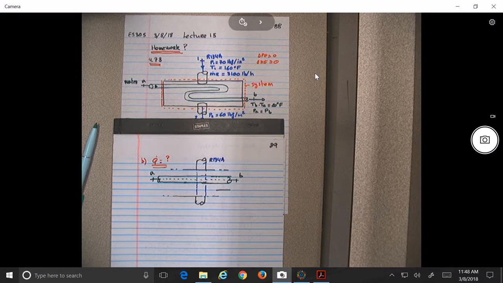Okay? So TB minus TA, okay, so what's happening over here is that it looks like the water, so TB minus TA is 20 degrees. So that means that the water is actually gaining heat, no?